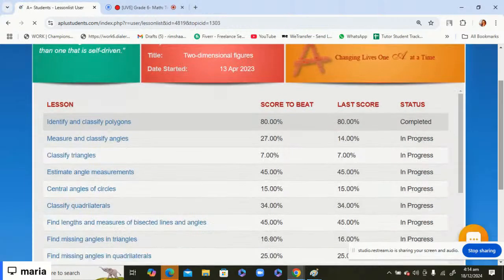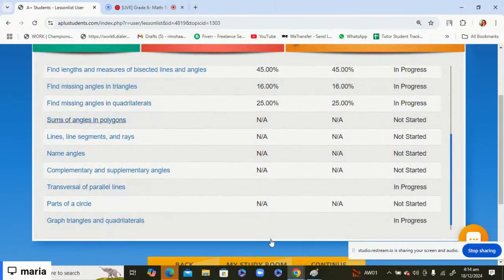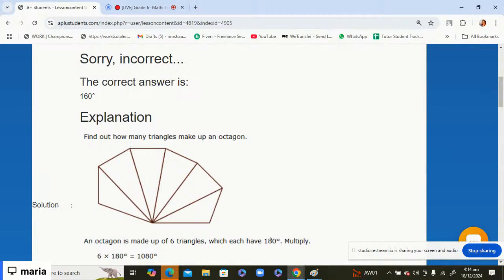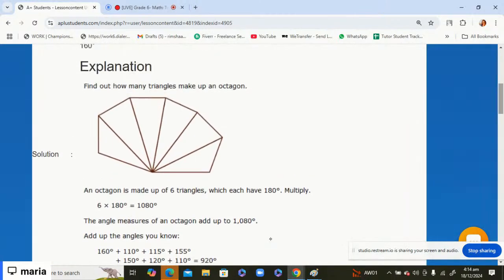So now let's do the next lesson, which is sum of angles in the polygons. So look at here. This is the polygon here.